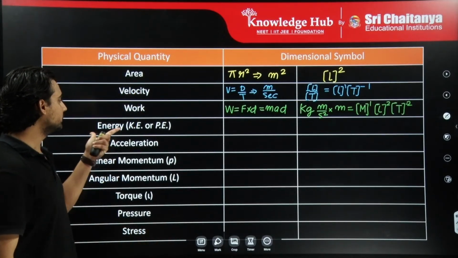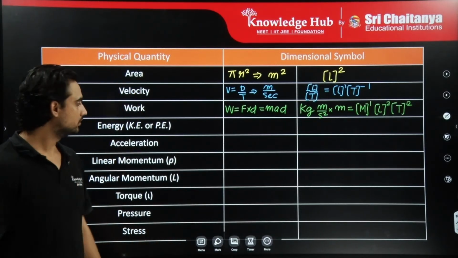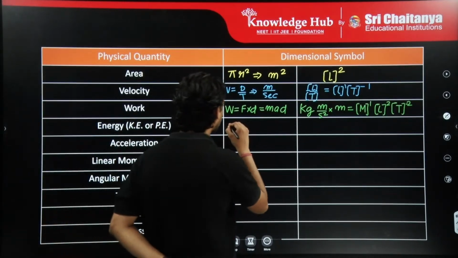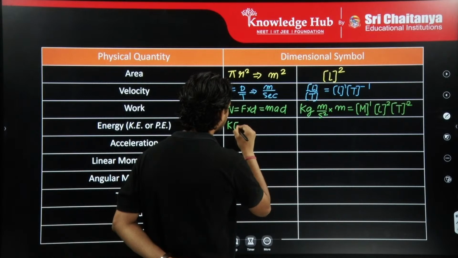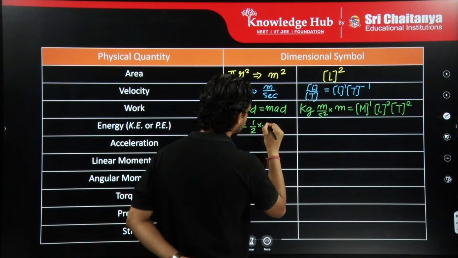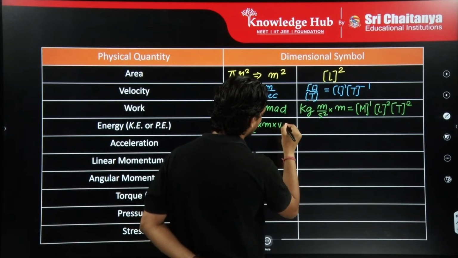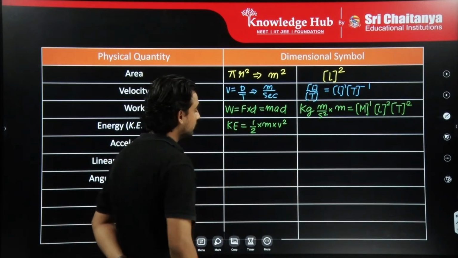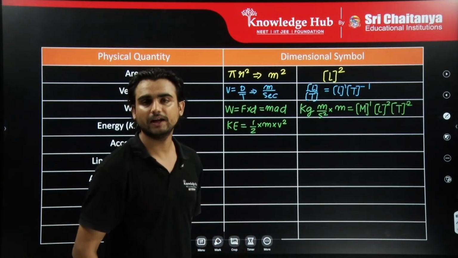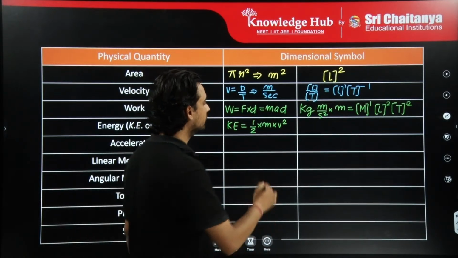Okay, let's find it for energy. Any energy, kinetic energy or potential energy. I know the formula for kinetic energy: half m v square, right? The dimensional formula for half is a number, a dimensionless quantity.